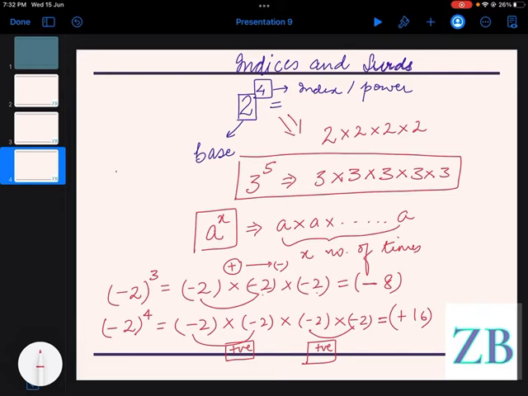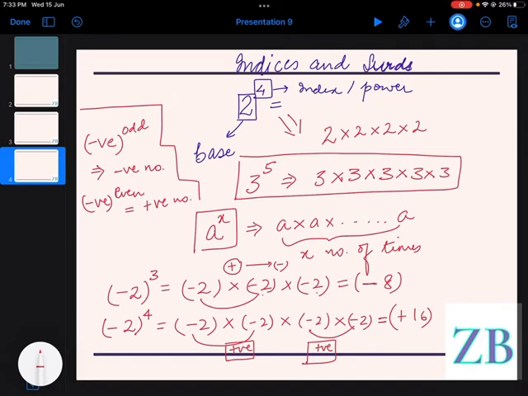So one thing we learned over here is that if a negative number is raised to an odd power, that will yield a negative number only. And if a negative number is raised to an even power, it will be a positive number only. This is one more thing that you can add in your note box.